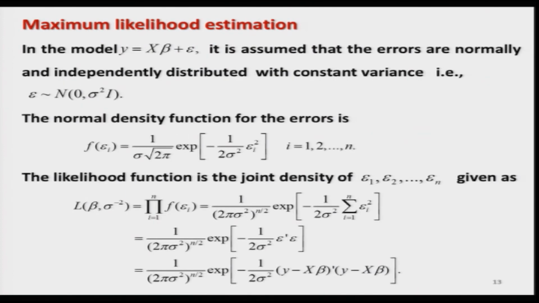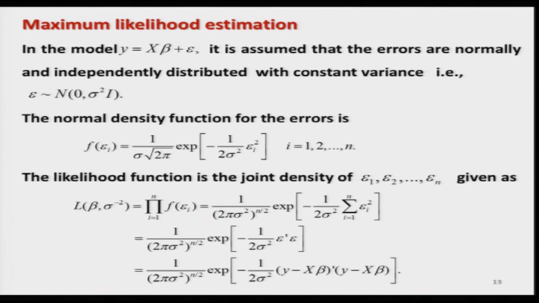Okay. So, now after this, let me give you a quick idea about the maximum likelihood estimation. The theory and philosophy behind the maximum likelihood estimation I already explained in the case of the simple linear regression model. So, I am going to use the same thing, the same steps here also.